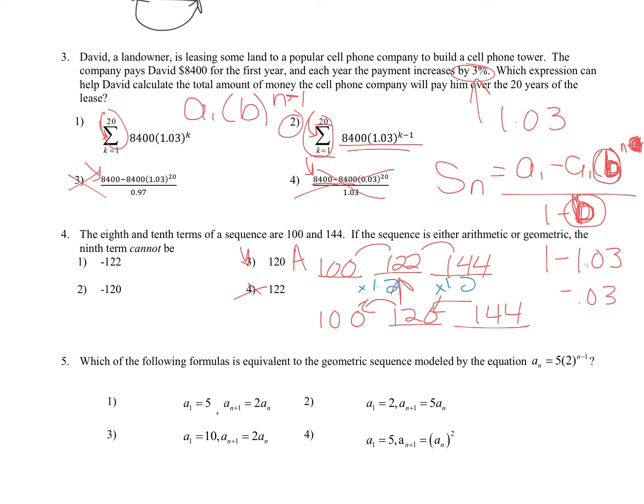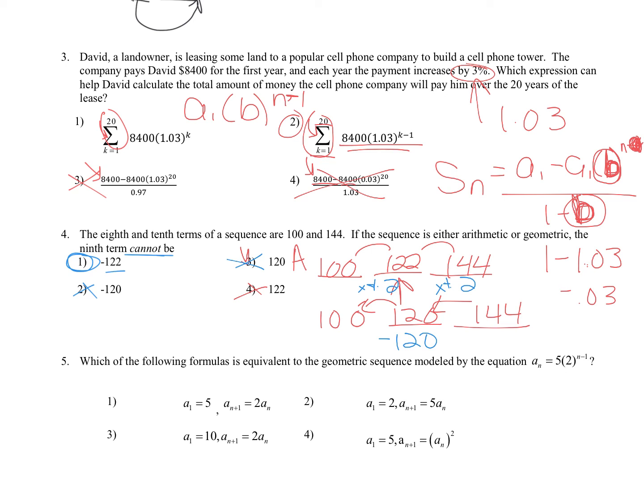So that would work. So we want the one that doesn't work. Negative 120 would give me a multiplier of negative 1.2. With the adding pattern, which is where the 122 comes from, there's no way I can bounce into the negatives and back into the positives though. So this is the one that it cannot be.